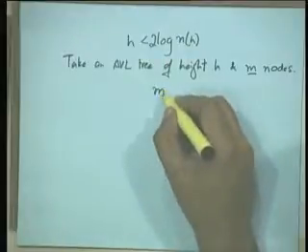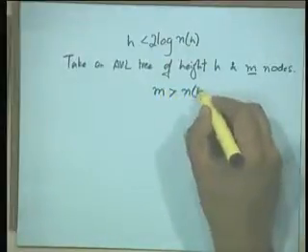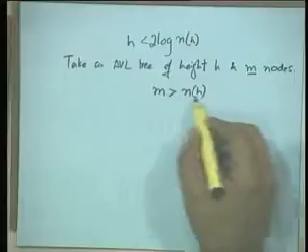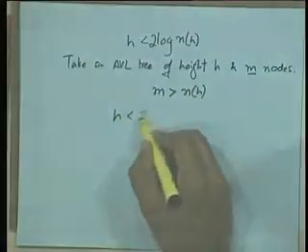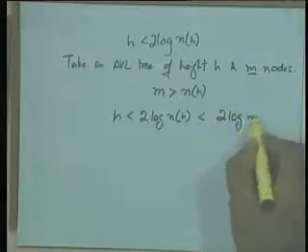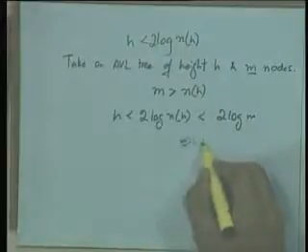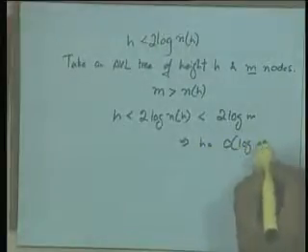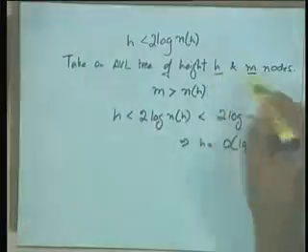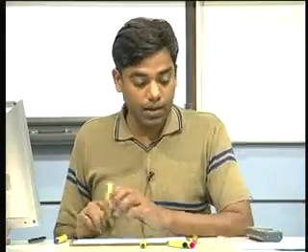What does this imply? m is greater than n of h. This follows from our definition of n of h. And we know that h is less than 2 times log of n of h, which is then less than 2 times log of m. This implies h equals big O log of m. This was height and this was number of nodes. The height of an AVL tree on m nodes is less than 2 times log of the number of nodes. Is this clear now? So the m and n confusion is not there.